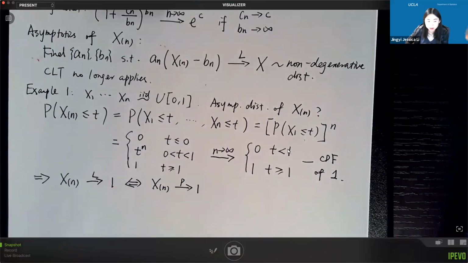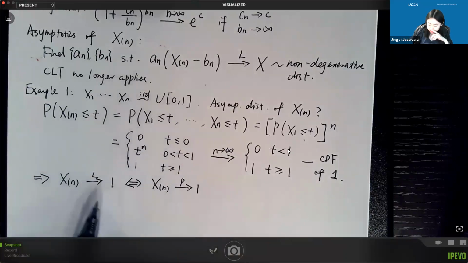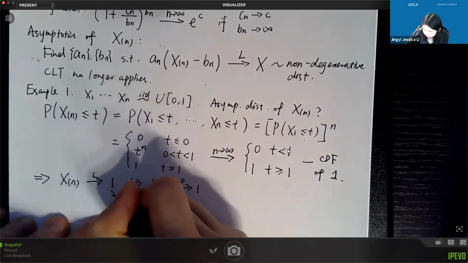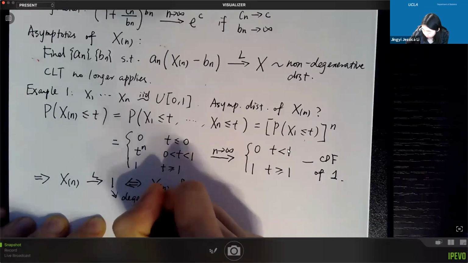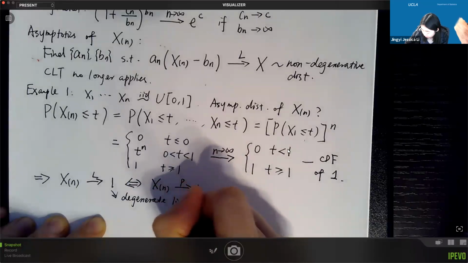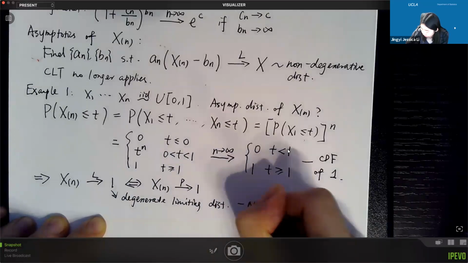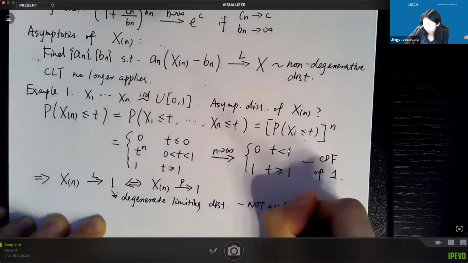It seems to be good, right? So as n goes to infinity, our maximum will be concentrated on the boundary 1. But this is not so useful, as we said. This is a degenerate limiting distribution, not useful.